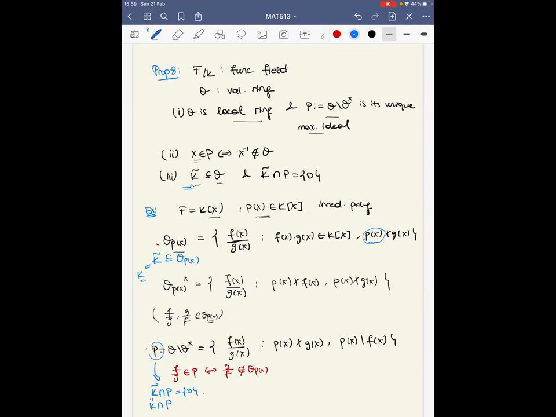Here, intuitively speaking, we can say more about the structure of these places and evaluation rings. The first observation, for the moment without clarifying it, is my claim that P is indeed generated by the irreducible p of x. So that means it is a principal ideal.